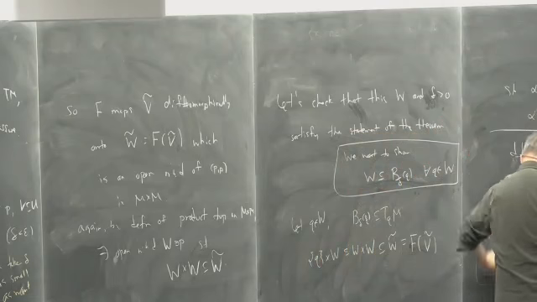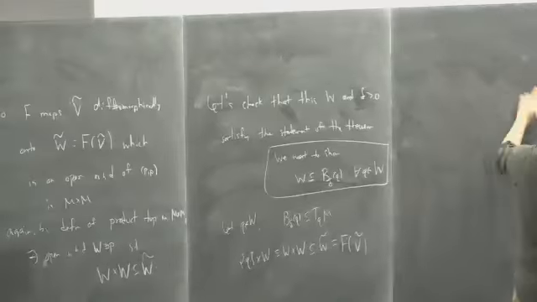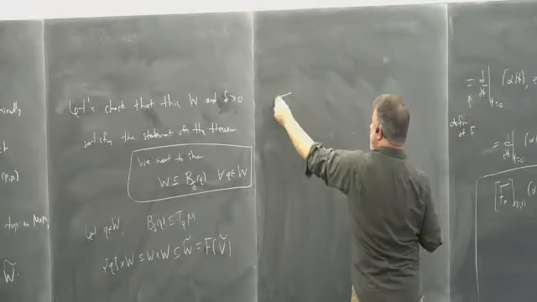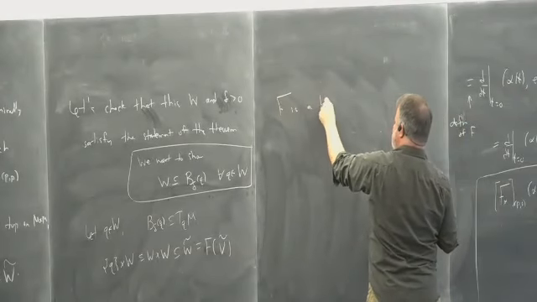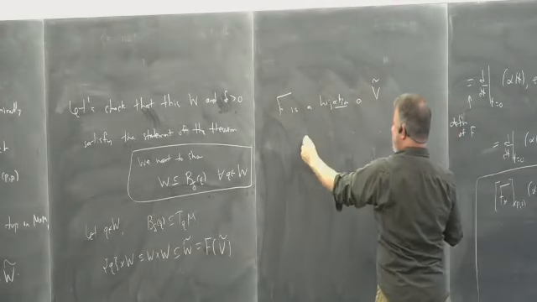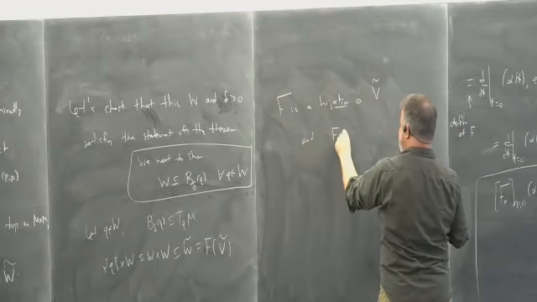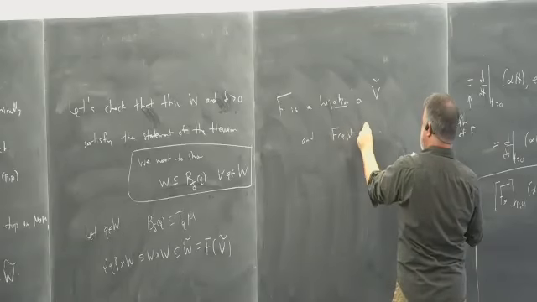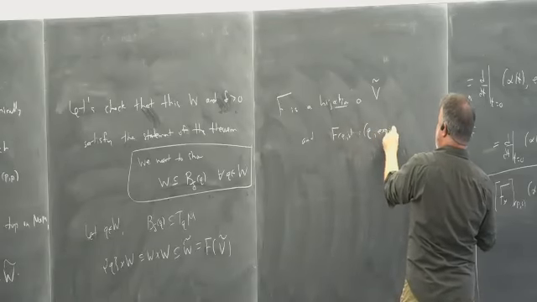Okay, but f is the diffeomorphism on v tilde, so in particular, it's a bijection. And recall that f of (q, v) is (q, exp_q of v).